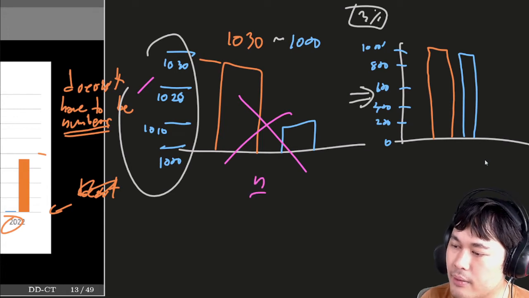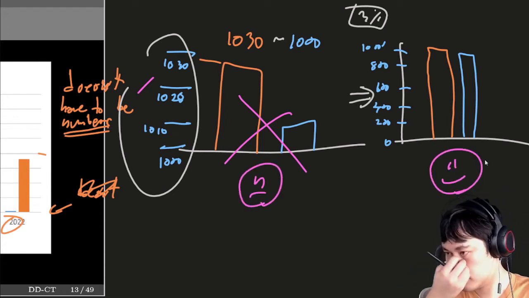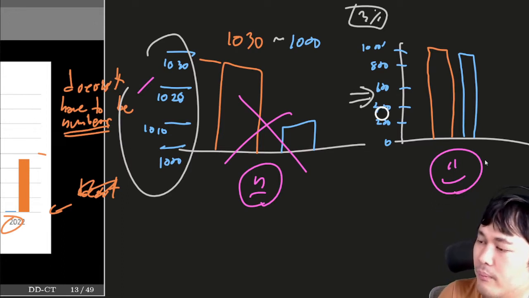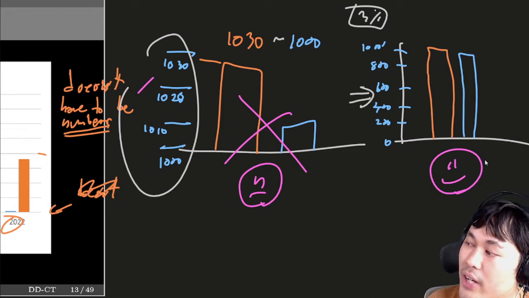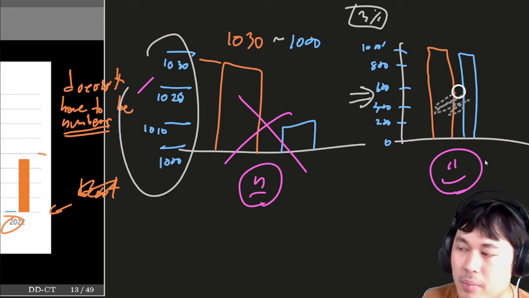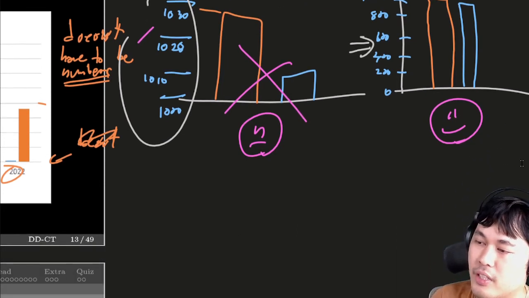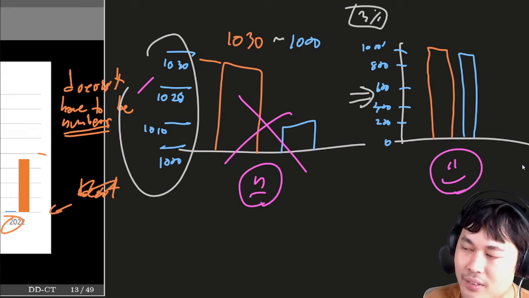That's bad. I'm gonna be sad if you attempt that. But the correct one that gives you the correct impression of the comparison between these two sets of data is this one. And here, they are close. There's not much difference.